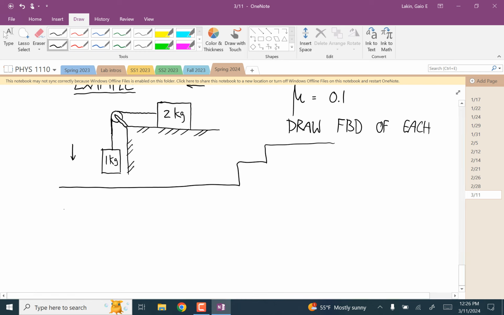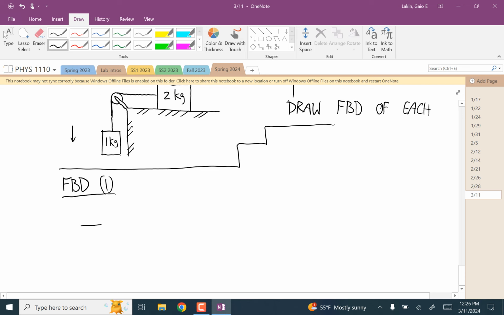Okay, so first I'll do the 1 kilogram. There's a weight force of 1 times 9.81, so that's 9.81 newtons. Then there's only one place where the surroundings make contact with the boundary.